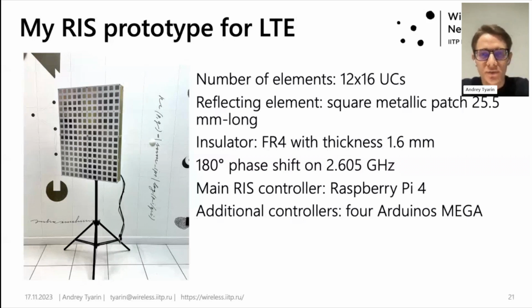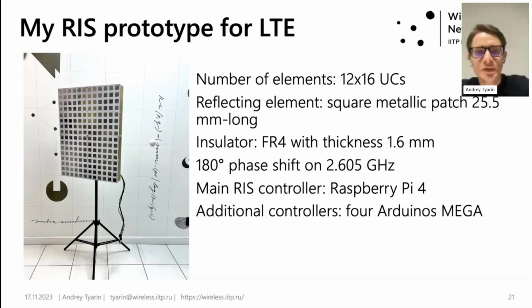The top layer consists of a pin diode and a square metallic patch, 25.5 millimeters long. The middle layer is an FR4 insulator with permittivity approximately 4.5, loss tangent approximately 0.02, and thickness equal to 1.6 millimeters. The bottom layer is metal for the grounding.